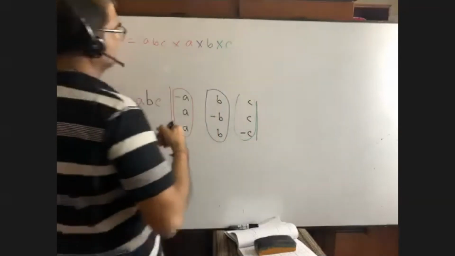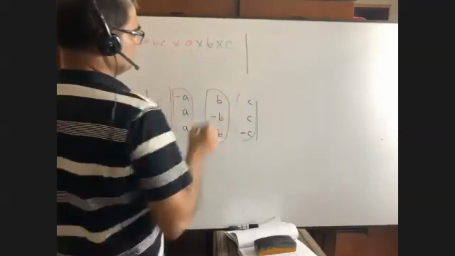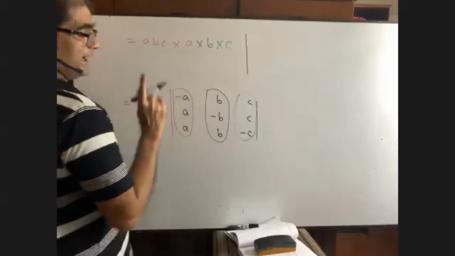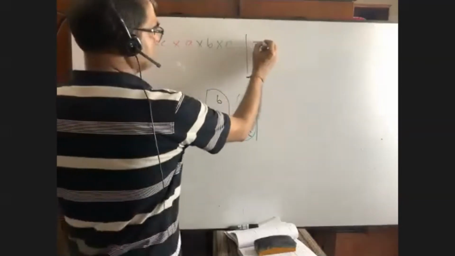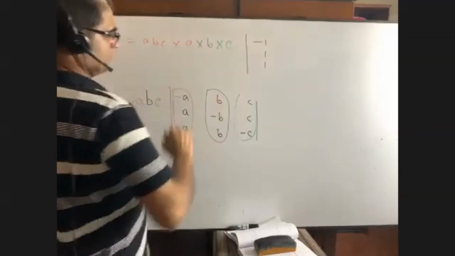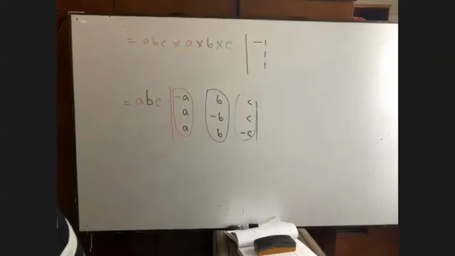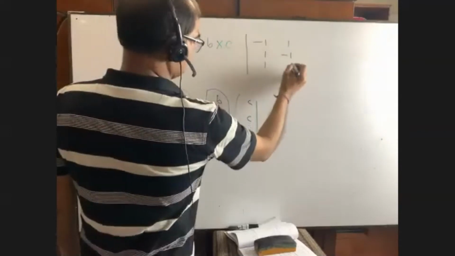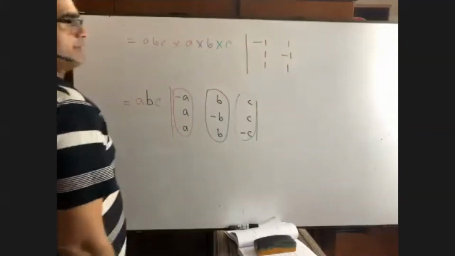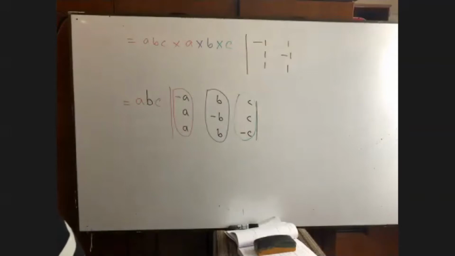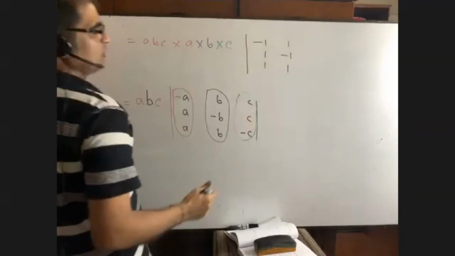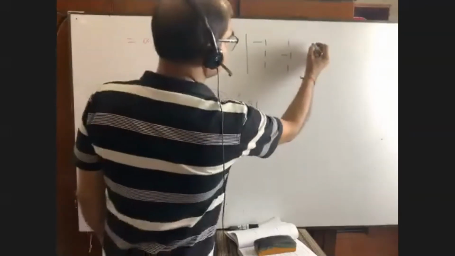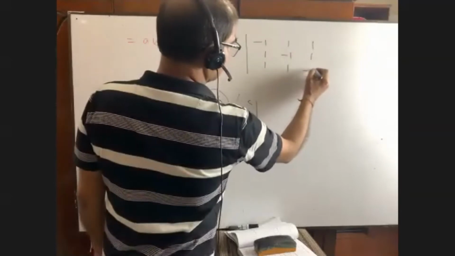Can you remember what I took common from the first column? I took A common, so we are left with -1, 1, 1. Then here 1, -1, 1. And for the last one, we took C common, so we are left with 1, 1 and -1.